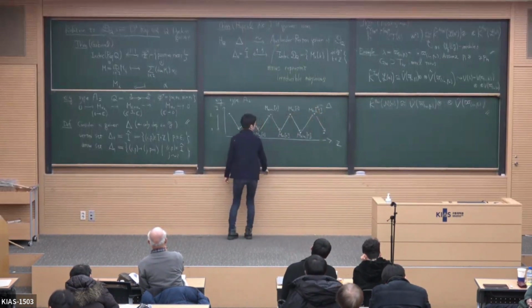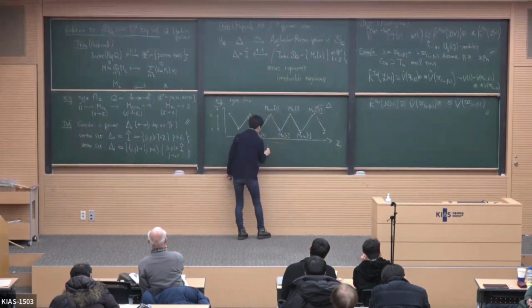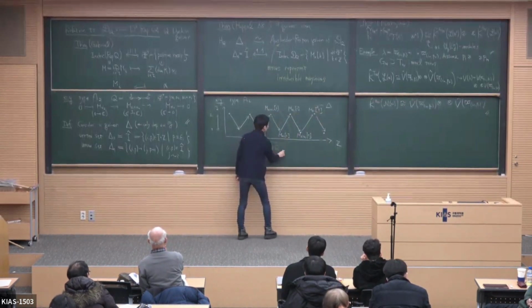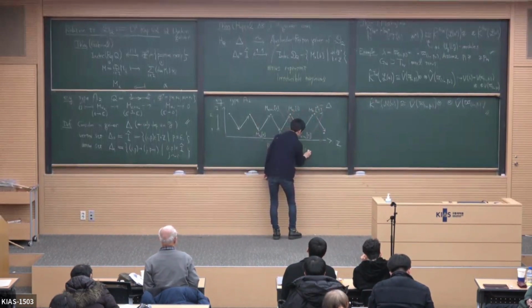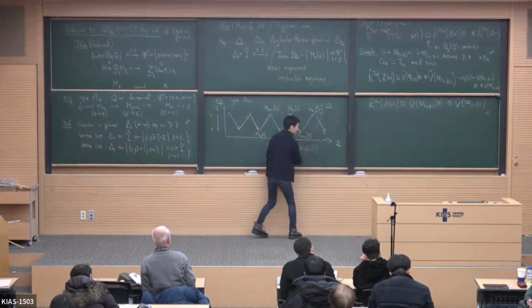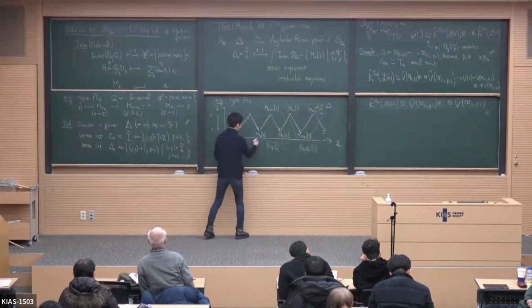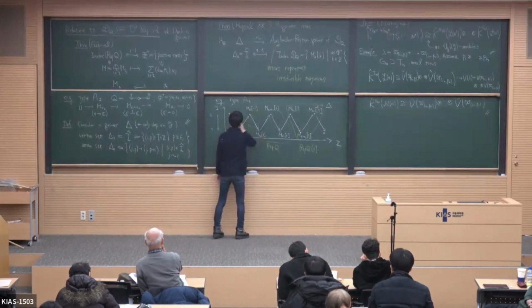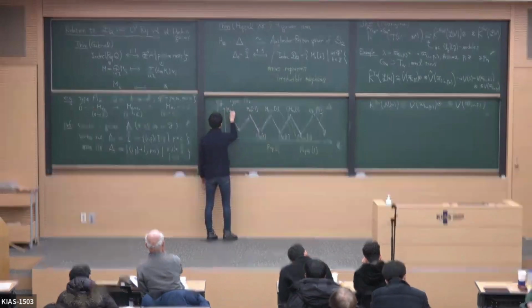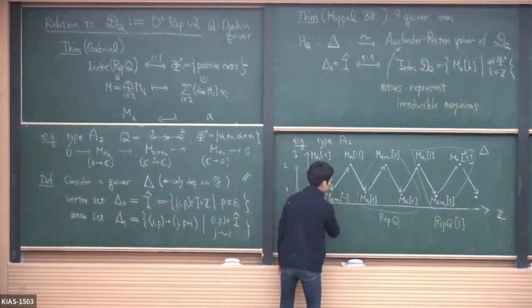So we find here the Lie Q, and we find here the Lie Q shifted by 1, or something like this. And again, here we have M of alpha 1 shifted by minus 1.